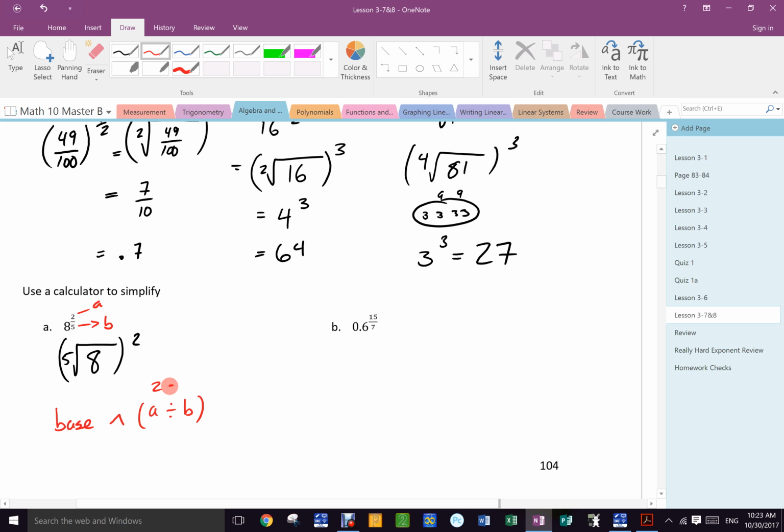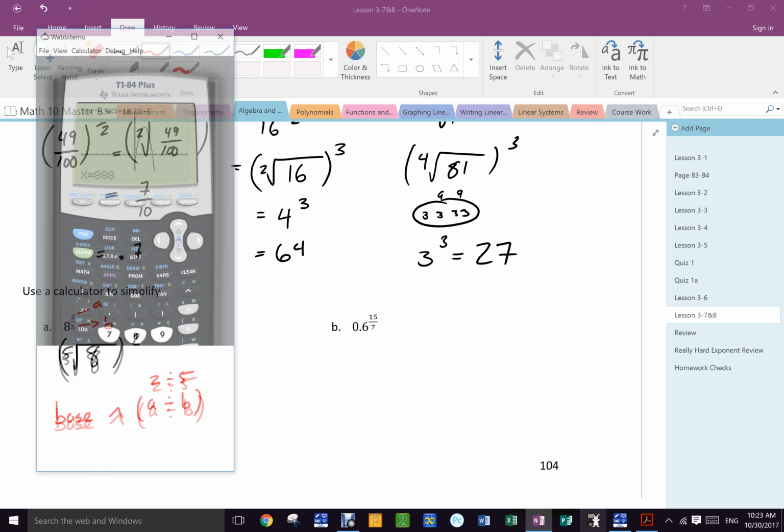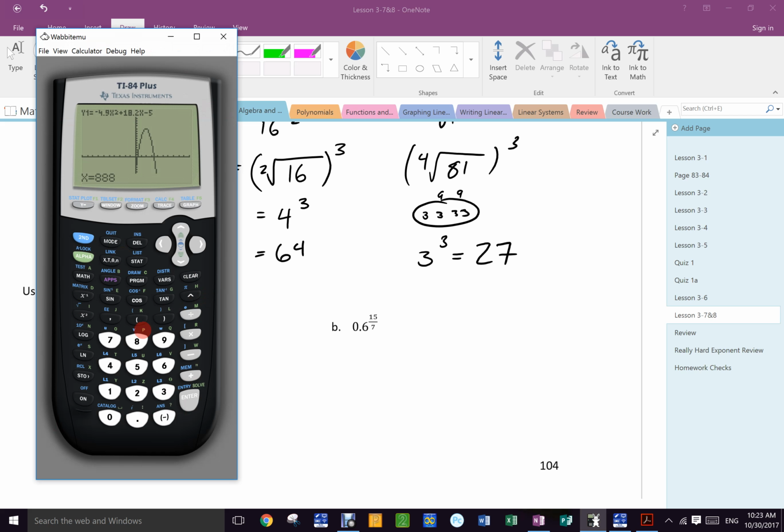And everybody would punch that in. And what will you get? A barfy decimal. Right? What do you get when you do that? Blech. Is it rational? No.